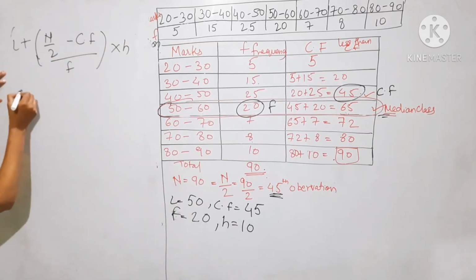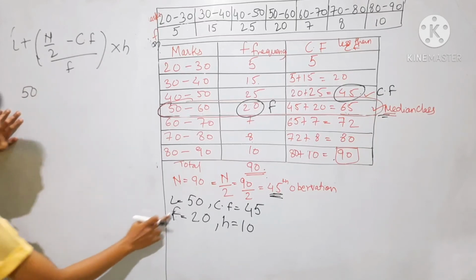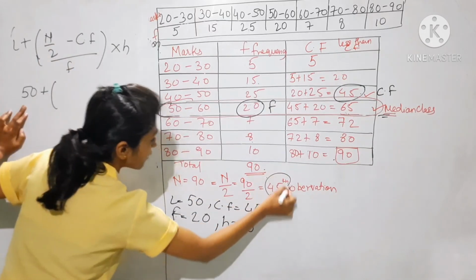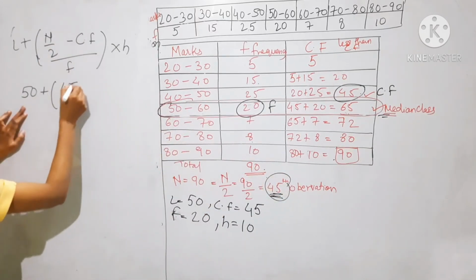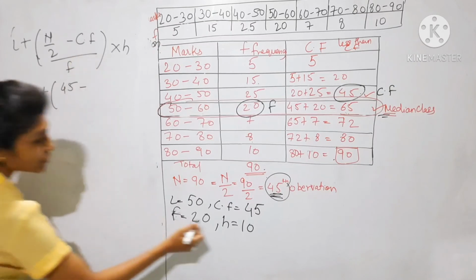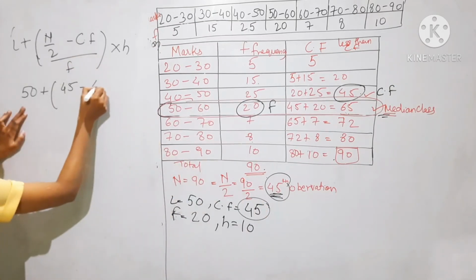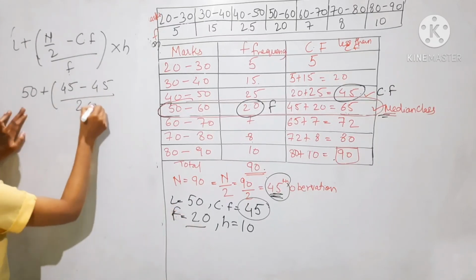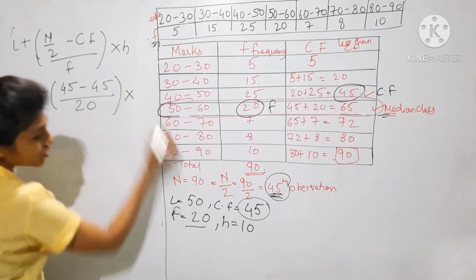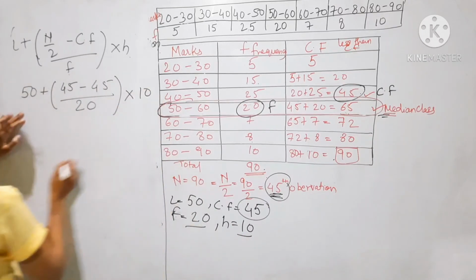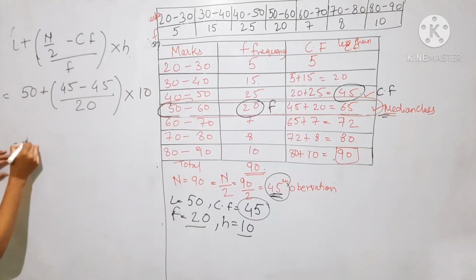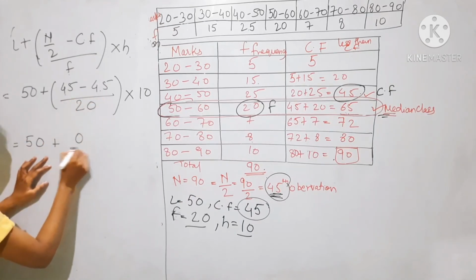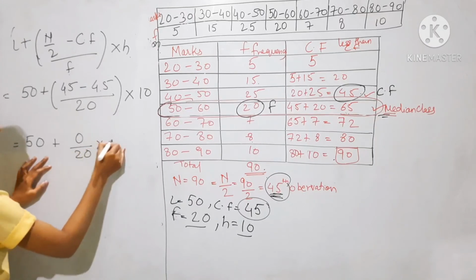So L is 50 plus n upon 2 is 45, minus CF is 45, divided by F is 20, bracket close, H is 10.